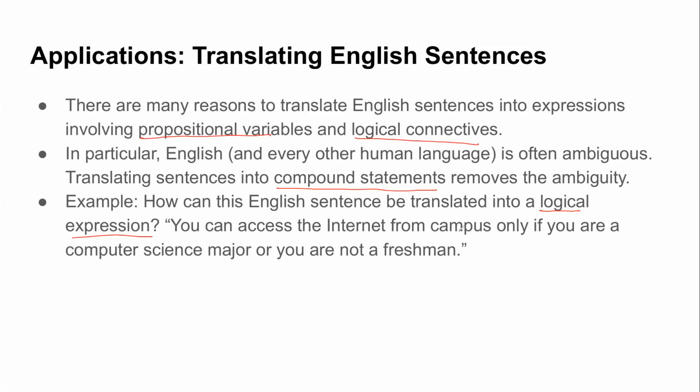You can access the internet from campus only if you are a computer science major or you are not a freshman. Okay, so there are various ways by which I can attack this problem of changing the English sentence to a logical expression. One simplest way is I can say that this entire compound statement is one P.